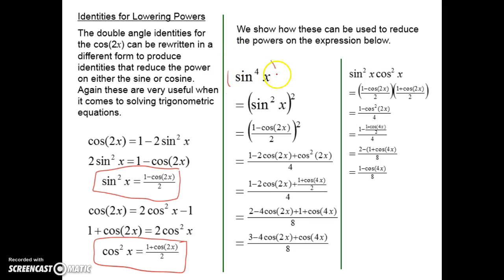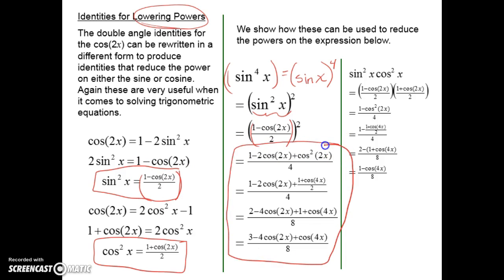If I want to simplify the sine of x raised to the power of 4, I can use these power reducing, power lowering identities to help us out with that. And then once I make this substitution, which is sine squared equals this, everything below that point is just algebra. It's just squaring, multiplying this times itself.